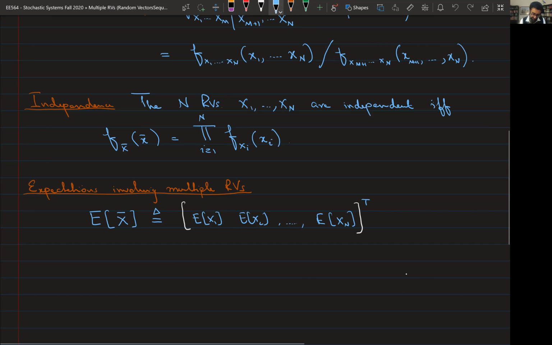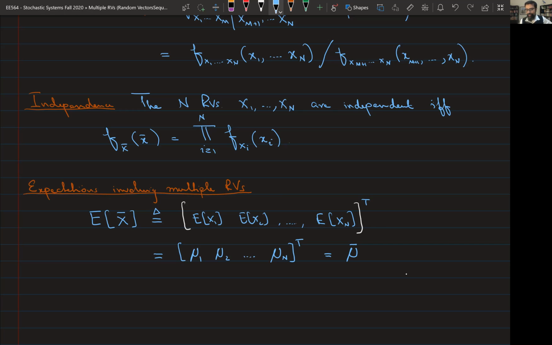This is equal to mu1, mu2, all the way up to mu n, whole transpose. This is the mu vector. The mu vector is the expectation of the random vector.